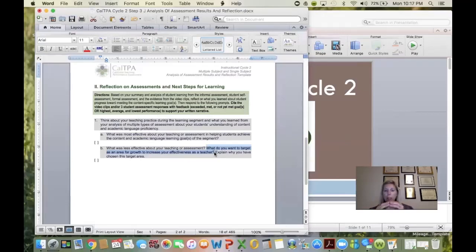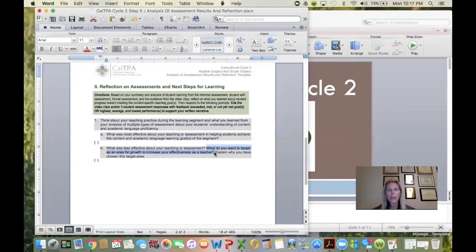Now again, it's best if you can have this tie to the content, right? So what was less effective about your instruction of the content or the strategies or the activities that you selected in teaching that content, right? Don't talk about things that were less effective as far as time management or the seating arrangement.